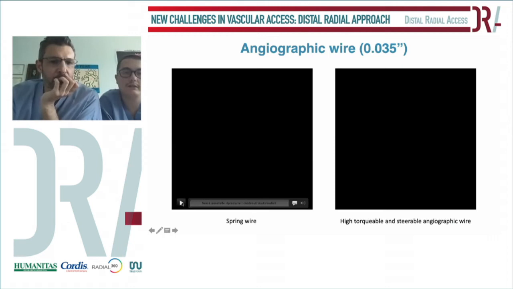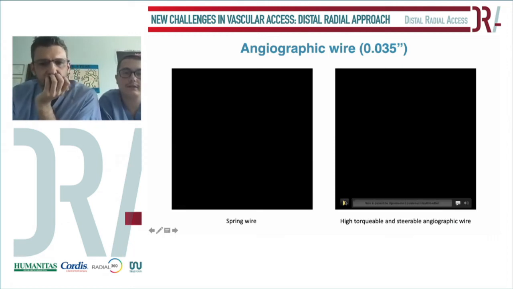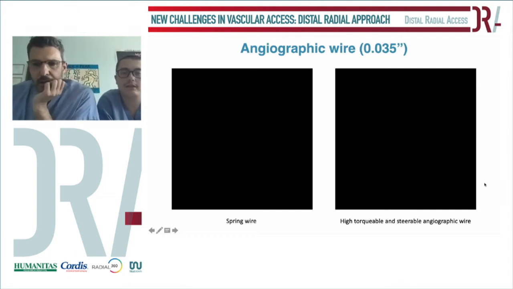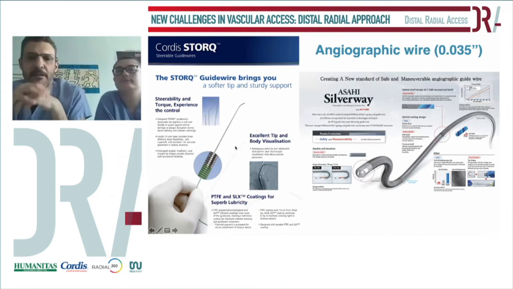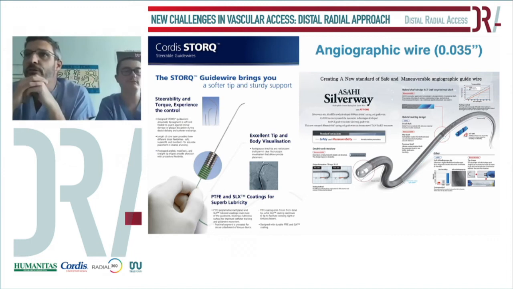Oh, I'm sorry, but the codec is not working now. Okay, so I think that these are the best guide wires that we can use in case of transradial access when you encounter some tortuosity or difficulties to advance.